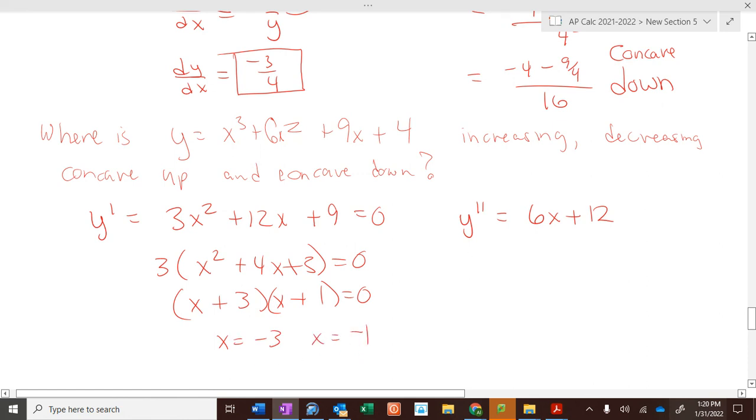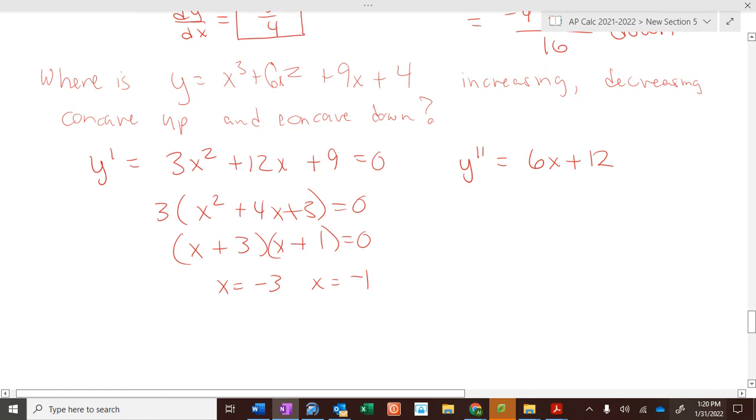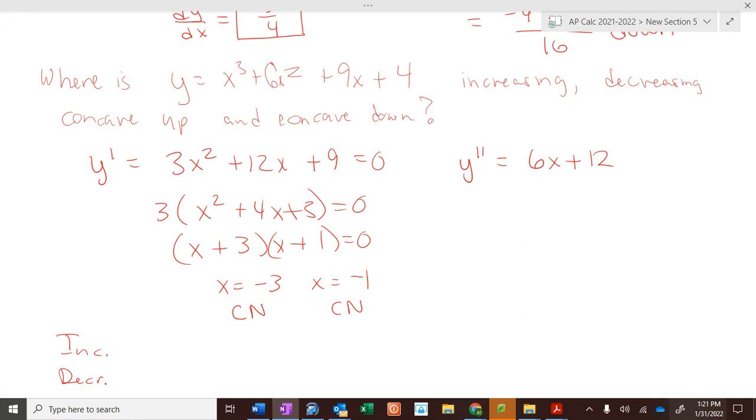What are negative 3 and negative 1? Critical numbers, critical points, whatever you want to call them. So they're going to be a max or a min, probably. Let's do the increasing and decreasing. To figure out whether it's increasing or decreasing, we use a point in between.